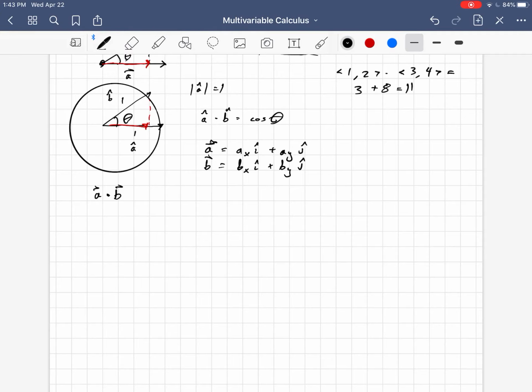And so if I were to literally take the product of A and B using standard distributivity rules, then I have a sub x i hat plus a sub y j hat, times b sub x i hat plus b sub y j hat.